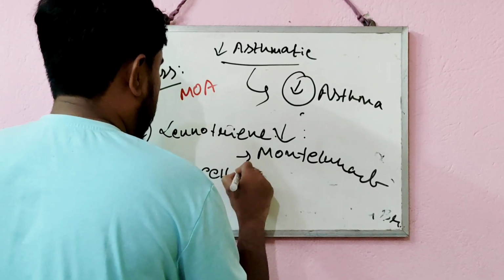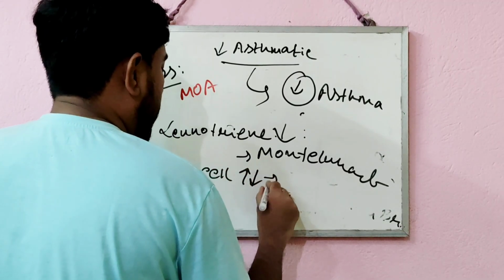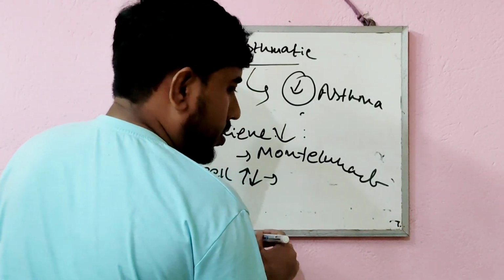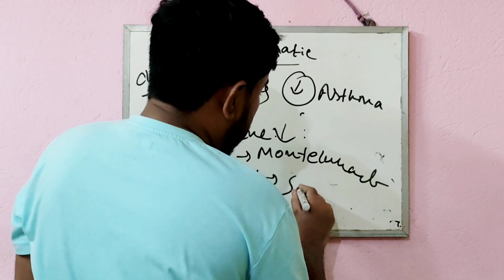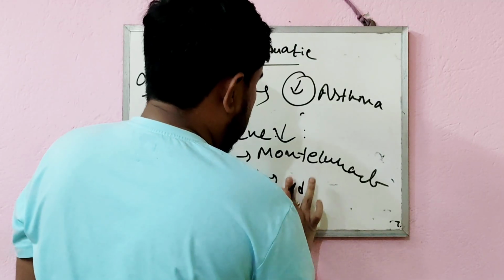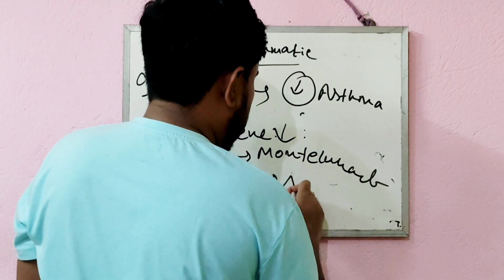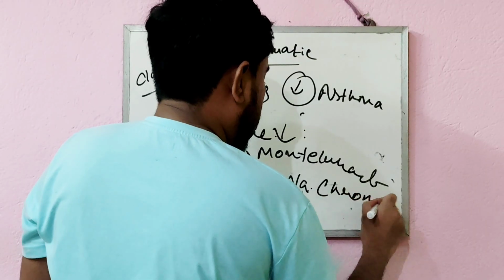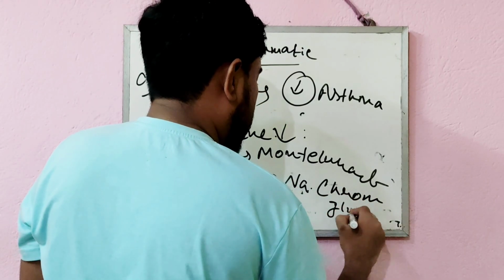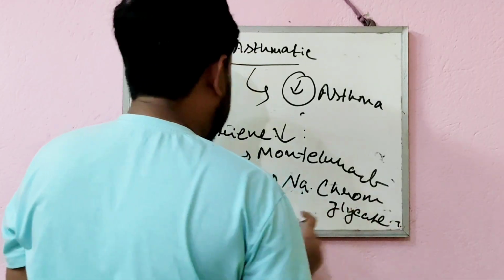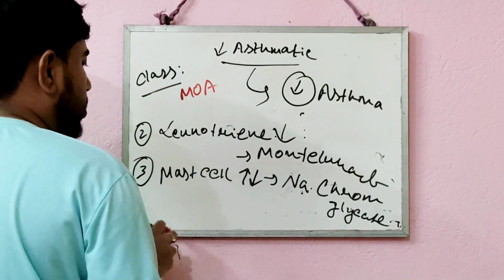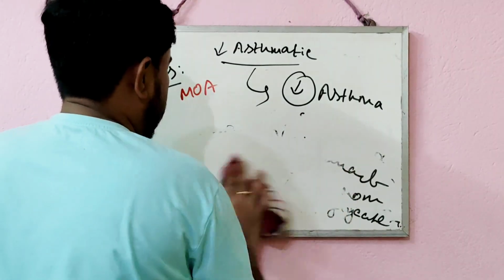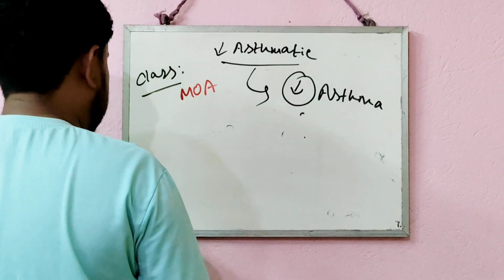The third classification of anti-asthmatic drugs is mast cell stabilizer. What is the example of mast cell stabilizer? The example is sodium cromoglycate. So the third classification is mast cell stabilizer, with the example sodium cromoglycate.